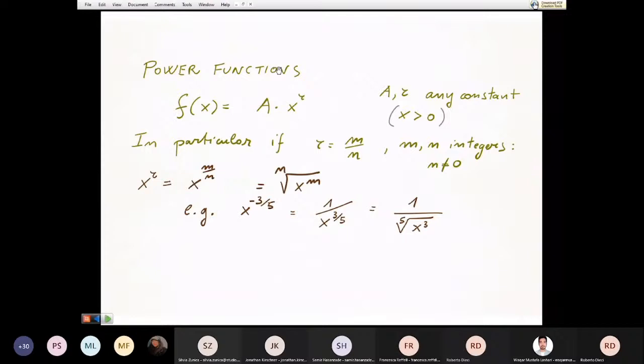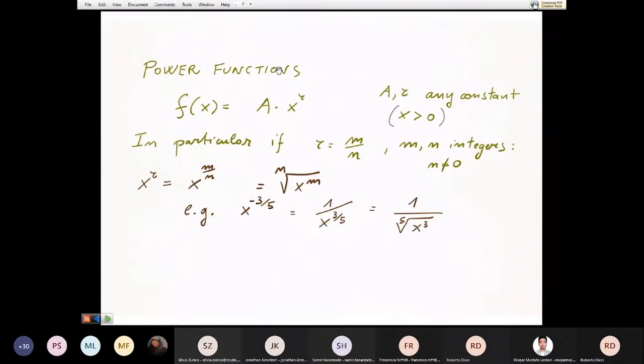In particular, if this exponent, which is a real number, is the ratio between two integers, positive or negative, m over n, and n in the denominator is different from 0, then we have an exponent which is expressed as a fraction. And we can write our power function, assuming the constant capital A equal to 1 for simplicity: x to the power of r is x to the power of m over n, so it is the nth root of x to the power of m.